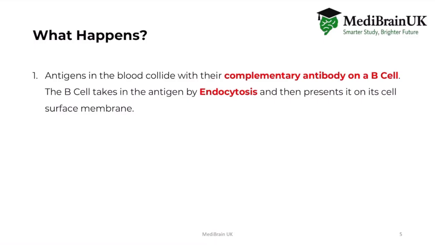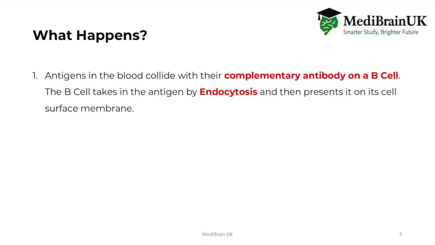So first of all, a pathogen has entered your body. Now, obviously, the pathogen is going to be engulfed by your phagocytes. However, the pathogen is also going to release some antigens, and those antigens are just going to be free floating within the blood.